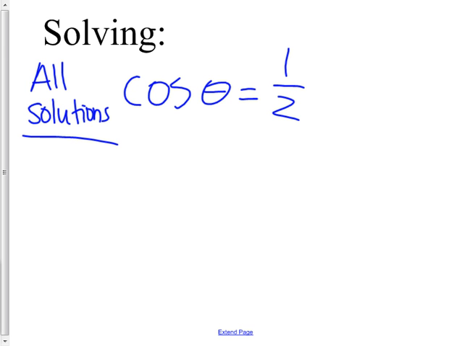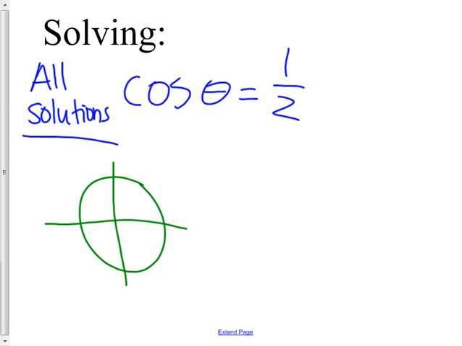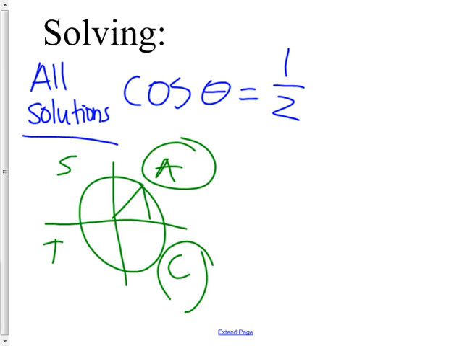So I'm trying to look for solutions where cosine is positive. And there's how many spots where cosine will be positive? Yep, all students take calc. So 1 and 4. So if I draw my triangle, and it's adjacent over hypotenuse, and this is the angle, what will that angle be? 60.